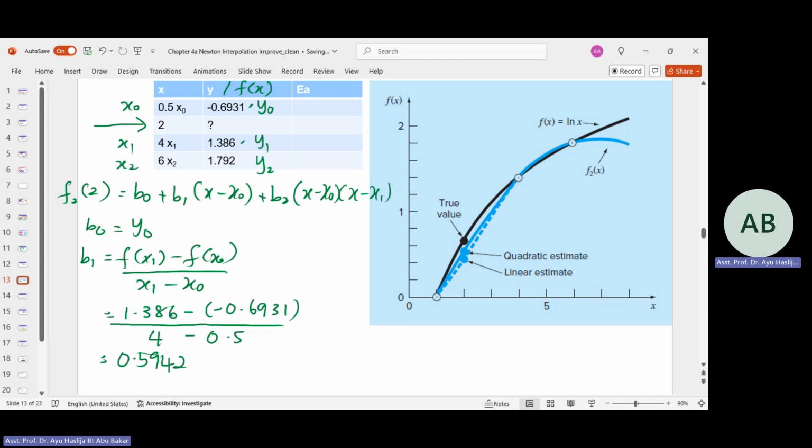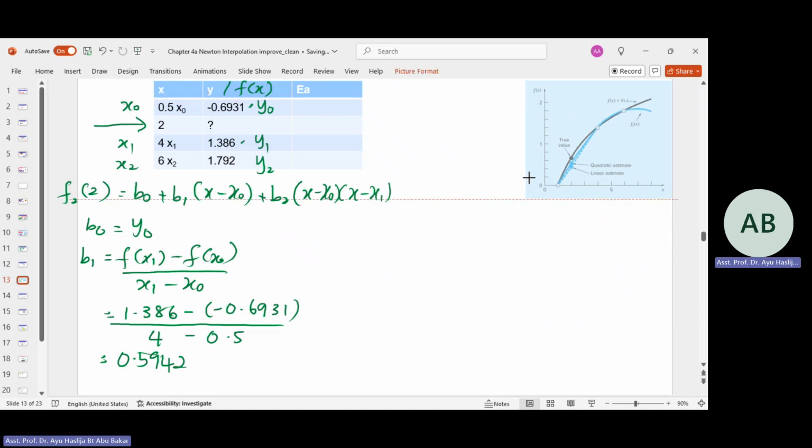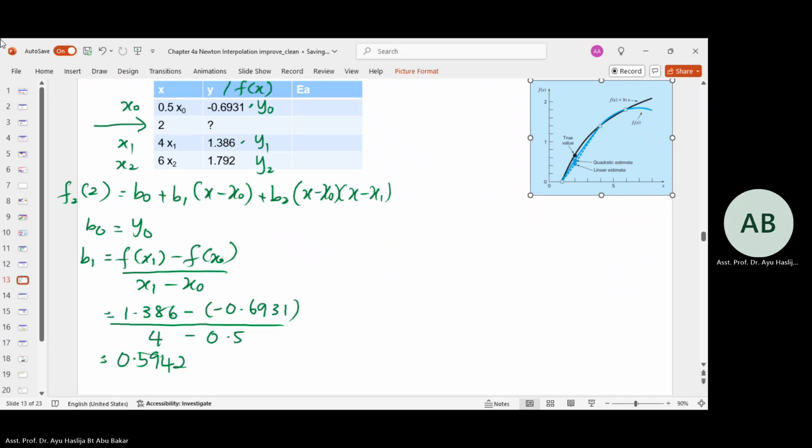Then find your B2. Okay, so B2 is between x2 and x0.